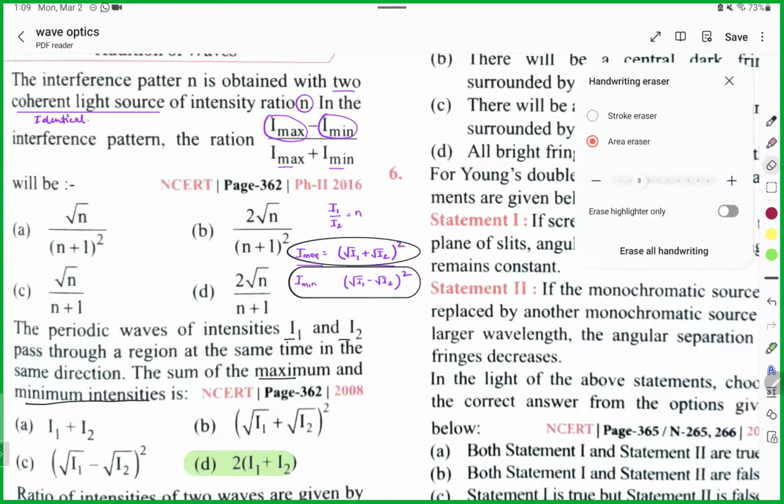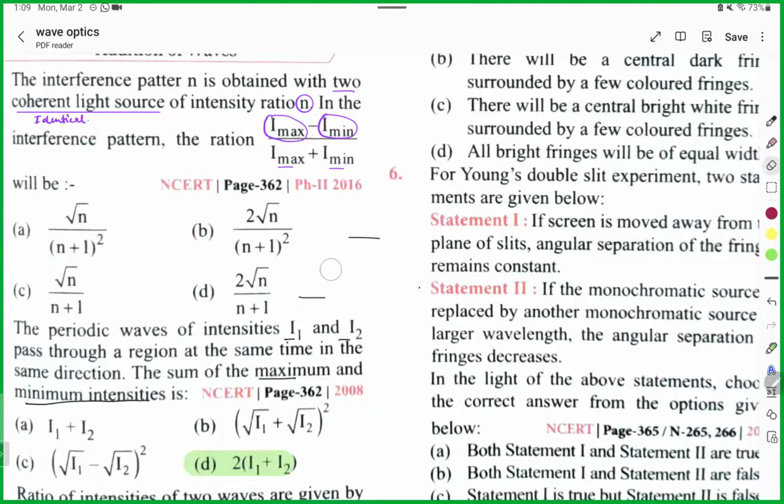Write this again here also, so you don't make a mistake. Your I max minus I minimum value is equal to 4 under root I1 I2 and your I max plus I minimum value is 2 I1 plus I2.